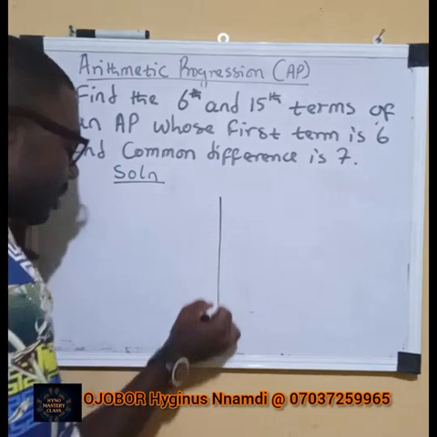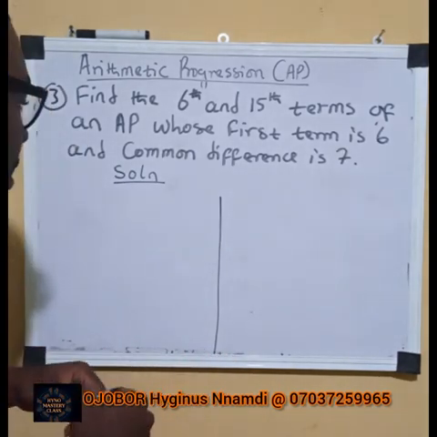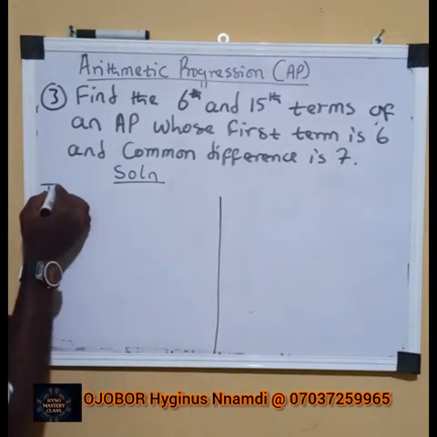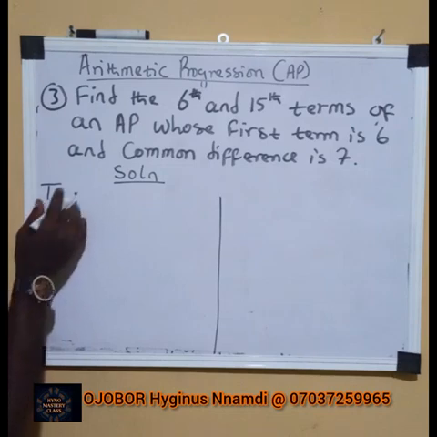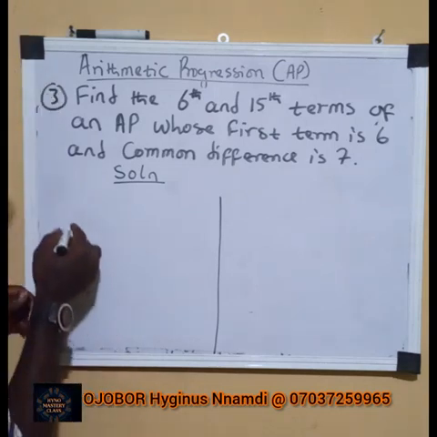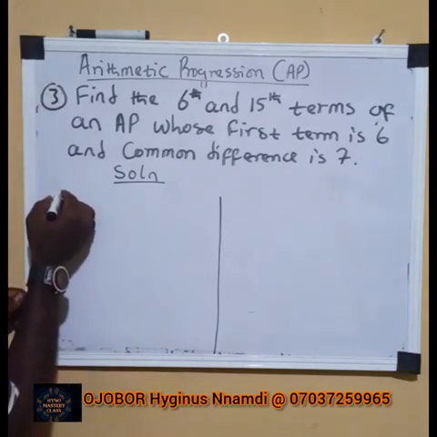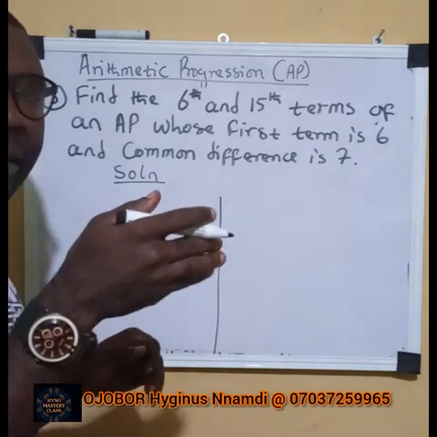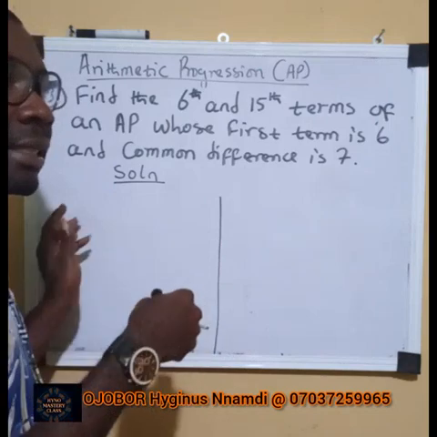Solution. I'm going to split this board into 2 so that I'll be able to solve it separately. For this one I use T6 to represent it. There's something I want us to discover before we continue. The coefficient of the common difference is 1 less than the nth term.